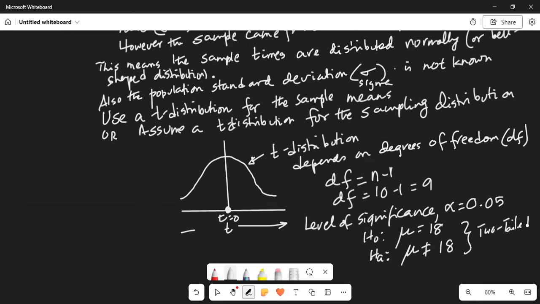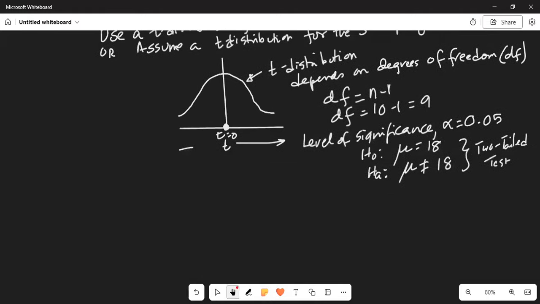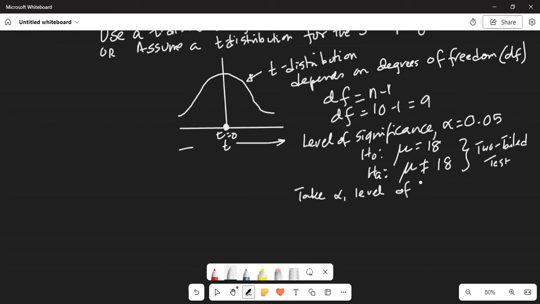What does it mean? It means I take the level of significance, alpha, and divide it into two equal parts.